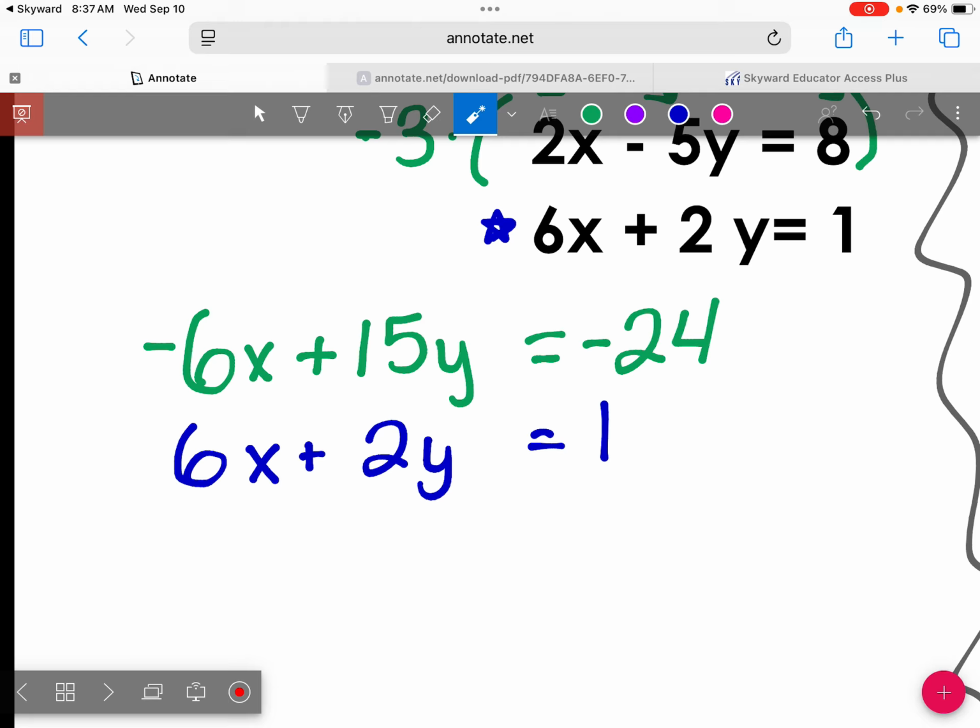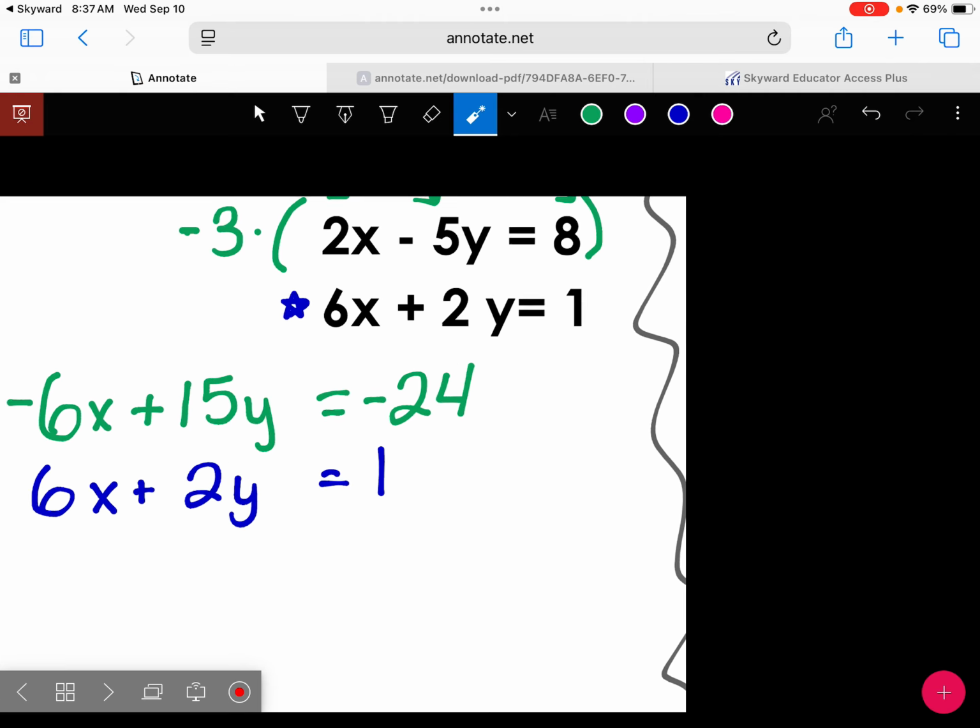So if we don't have numbers that match up, we can make them be that way. You can multiply one equation. You can multiply both equations. You might not have to multiply either one, but you can do whatever we need to. We want to wind up with the same number and opposite signs.